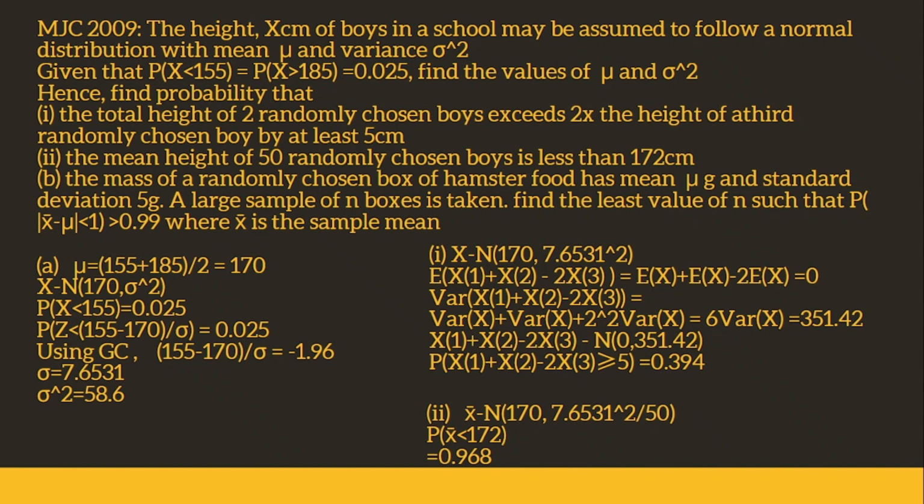Then the variance of X1 plus X2 minus 2 times X3 is one variance plus another variance plus 2 squared of a variance, which equals 6 variance, in this case 351.42. So our new variable has a normal distribution with mean 0 and variance 351.42. Then we find the probability that it is more than or equal to 5, and that will give us 0.394.